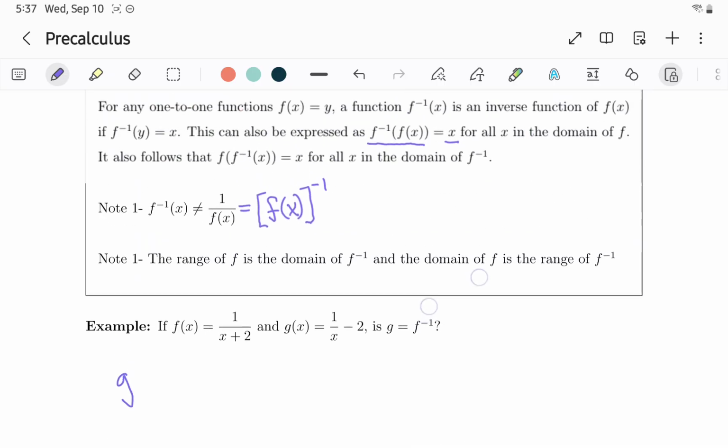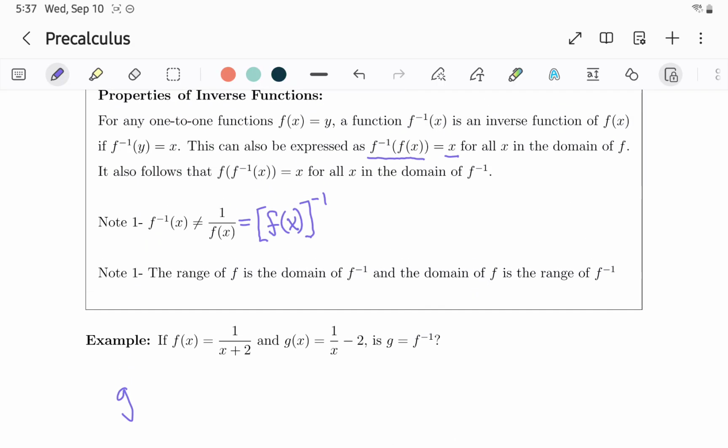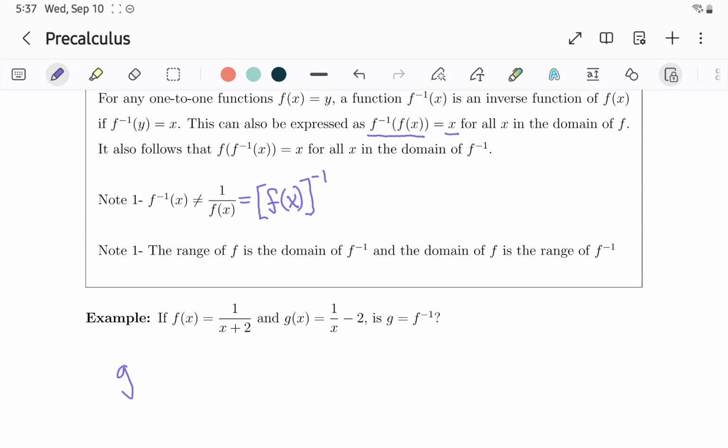According to what we said above, since f is a one-to-one function, we can check the composition in either order, and we should end up with the identity function if g is indeed the inverse. But we are just going to check the composition going this way.